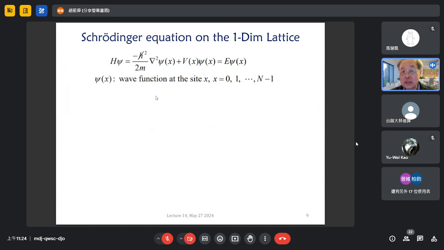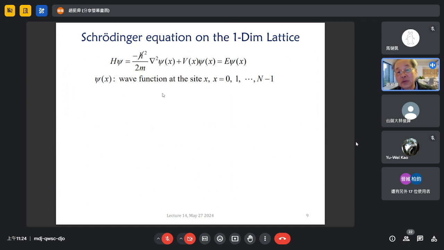I just show you the simplest case, just one dimension, and you can easily generalize it to any dimension, and also for any potential. So this is the eigenproblem: how to solve for the energy eigenvalue, and also the eigenfunction.